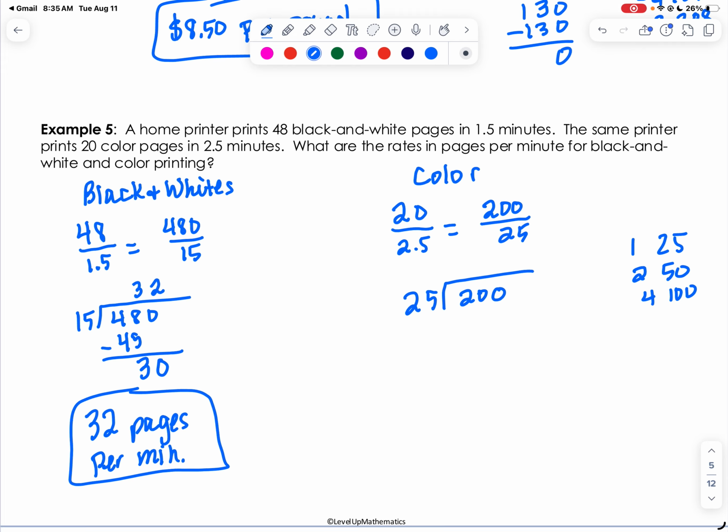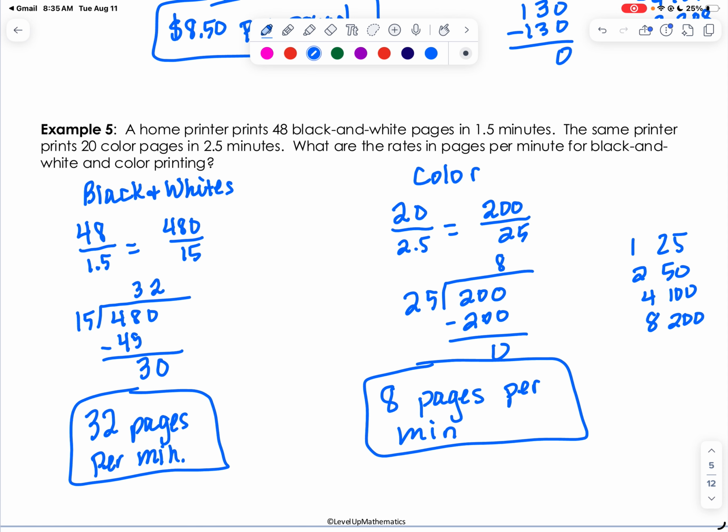Double that again, I get 100. Double that again, I get 200. So 25 goes into 200 8 times with the remainder of 0. So this would be 8 pages per minute. And that concludes today's lesson, unit rates.